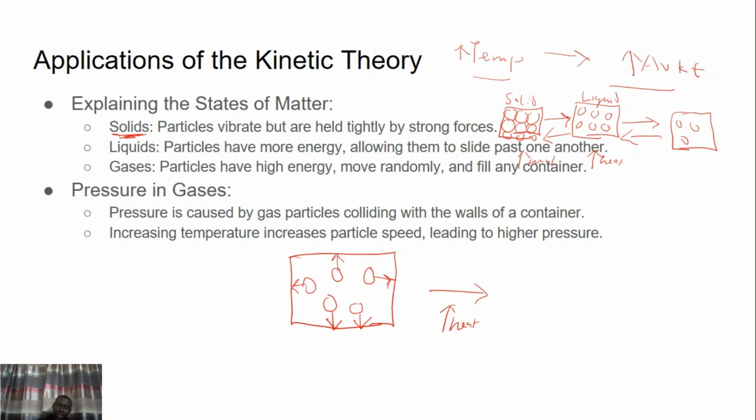And the more they collide with it, the more likely the pressure will increase. So, the kinetic theory makes us understand that as the temperature increases, so also the pressure of the gas will increase due to the increased rate of collision of the molecules of the gas with the wall of the container.